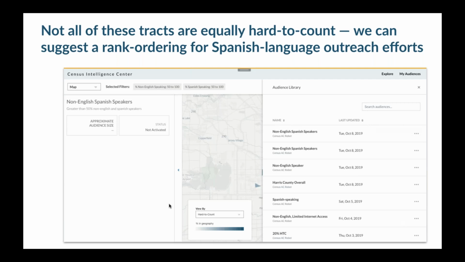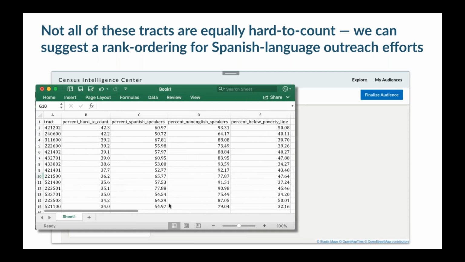So in Census Intelligence Center, one really nice thing that you can do is actually save your audience. This means that you can come back to it later and make edits and continue exploring. It also means that you can export the audience that you've designed or defined and start using that to make decisions.